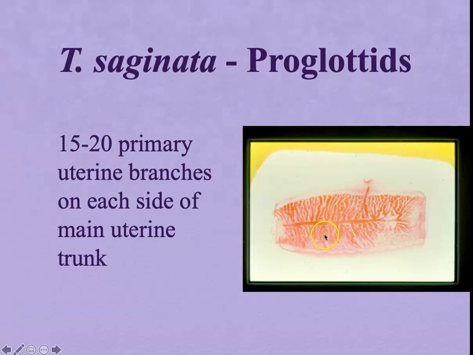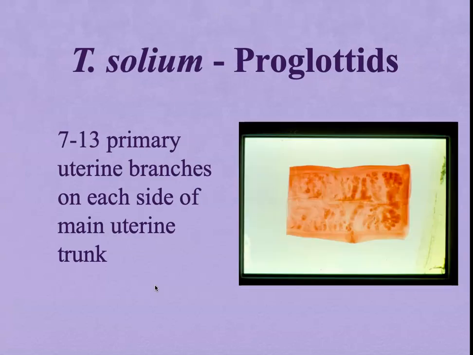And then you have these branches coming off of the main trunk. Now, you don't need to memorize 15 to 20 uterine branches on each side of the main uterine trunk. What you do need to understand is that Taenia saginata has more uterine branches than Taenia solium.